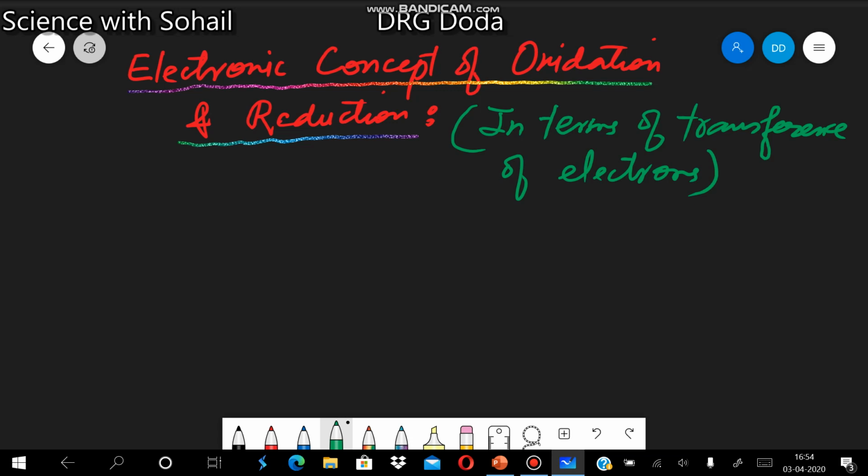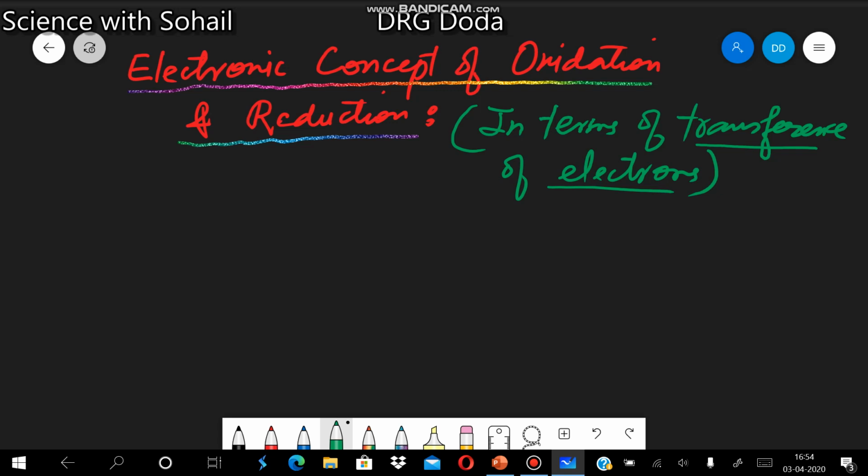Now the second concept of oxidation and reduction is electronic concept. In this concept, oxidation and reduction are defined in terms of transference of electrons between the substances.